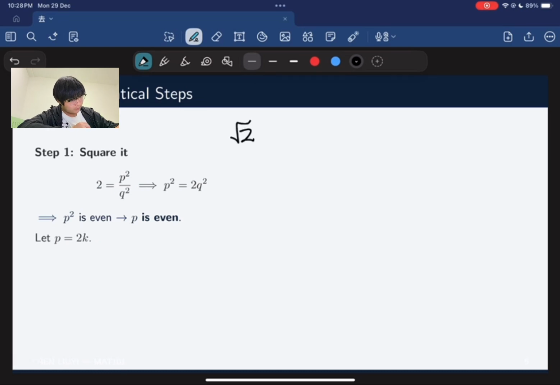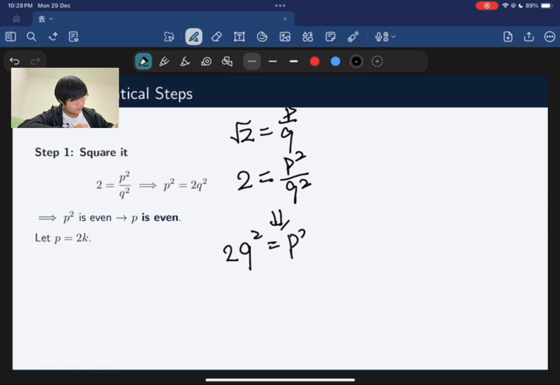First, we square it. We get 2 equals p squared over q squared, and we get 2q squared equals p squared. That tells us p squared is even, and then p is even. Since p is even, let p equal 2k.